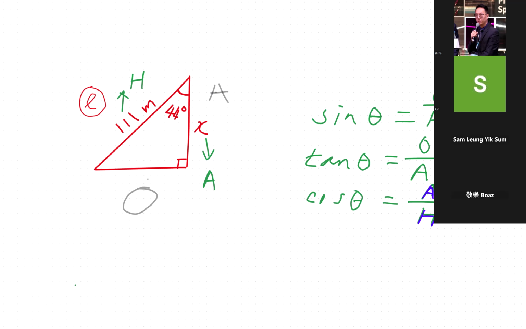So we are going to solve this question by cosine. Yeah, you try. By using cosine, you should use cosine. So we have to memorize this, okay, in order to be able to do the question.